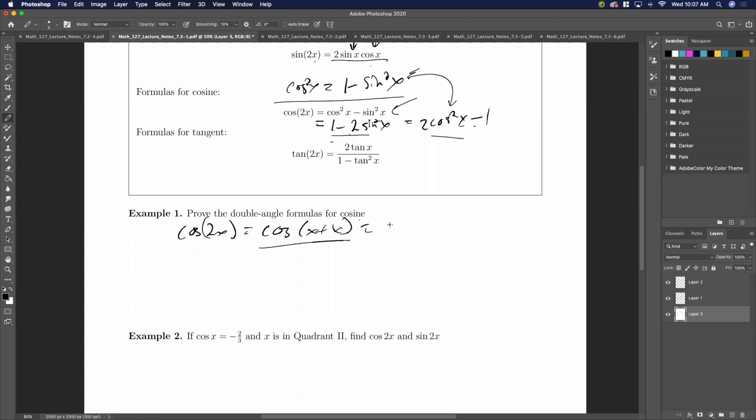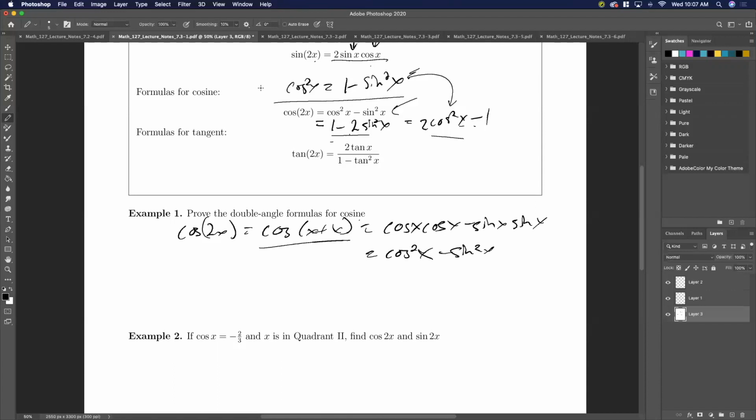I could rewrite this as cosine of x times cosine of x minus, in this case, sine of x times sine of the second one, which in this case is x. Well, this is just cosine squared x minus sine squared x. So that's where this formula came about. And we could do the same thing for sine of 2x.